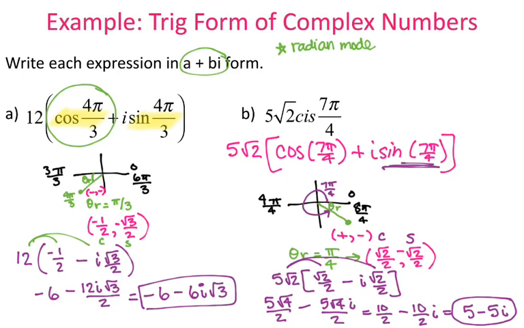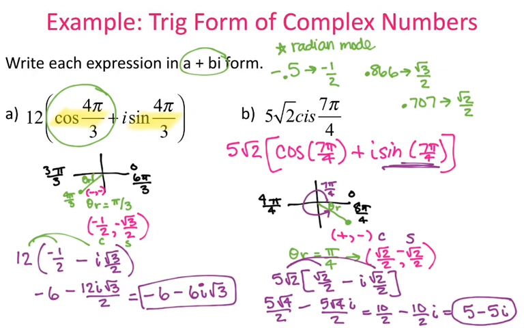Now, if you're going to use the calculator as a shortcut, a couple things you need to remember. It's going to give it to you as a decimal. Your calculator could also give you 0.866, which is an approximation for root 3 over 2. And our other approximation is 0.707, and that is root 2 over 2.